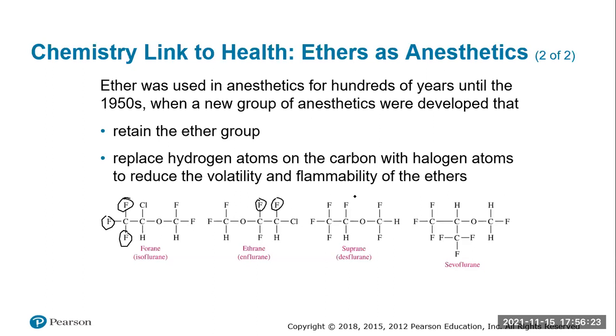So nowadays, a lot of fluorines are substituted for those hydrogens, and it gives ethers better properties. Now, in terms of ethers, what you need to know is the functional group, what it is. You need to be able to name ethers using the common name. Any questions on that?